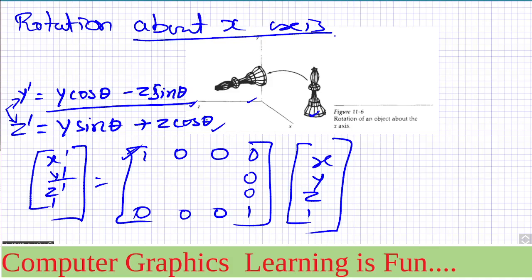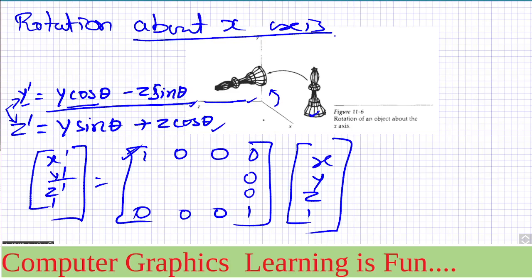So whenever we are writing this rotation, we are considering the positive rotation, I should say counterclockwise. When z is constant, something was going from x to y. In that case, we found x as x cos theta minus y sin theta.